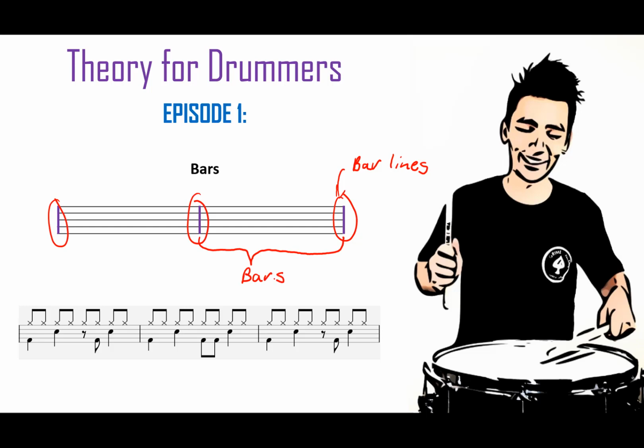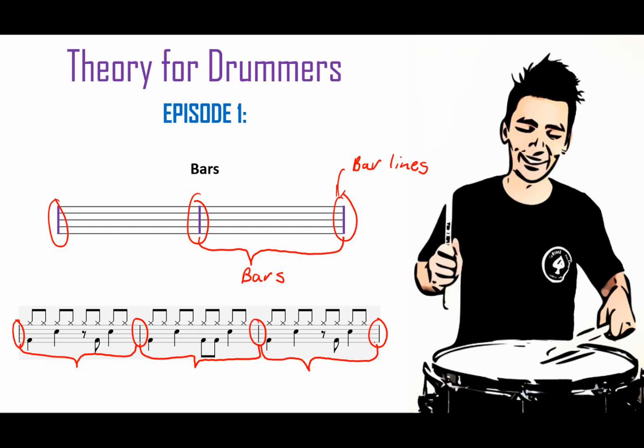So if we look at this example that I've got down here below, this is 3 bars of drum beats. Now, the reason I know it's 3 bars immediately is I've just had a look at my bar lines, and I've just counted all the spaces in between the bar lines. So there's 1 bar, there's another bar, and then there's a 3rd bar.